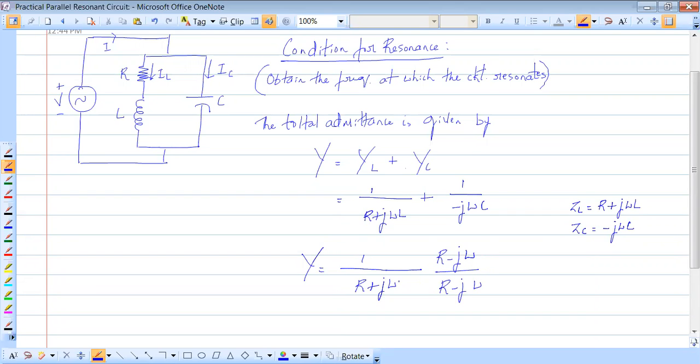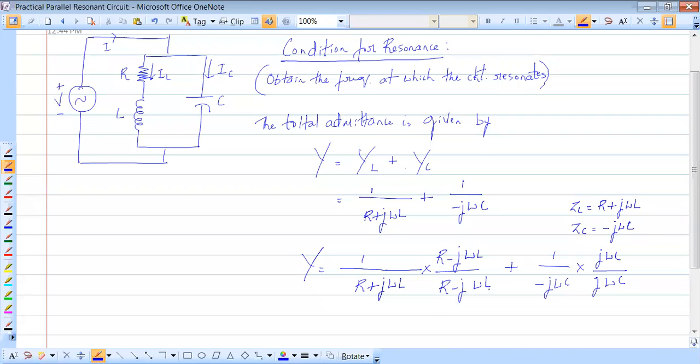Is everybody okay with this? Now, similarly, plus you have 1 by minus J omega C, right? If I multiply and divide by plus J omega C, again it is maintained.